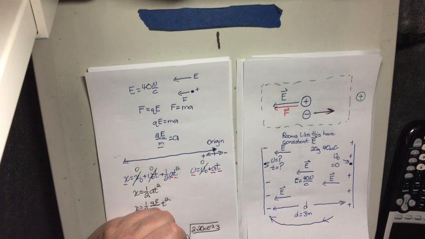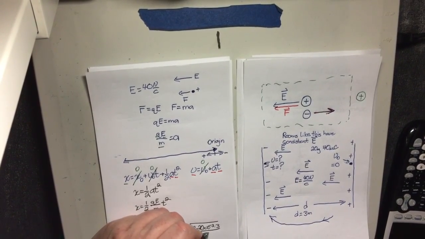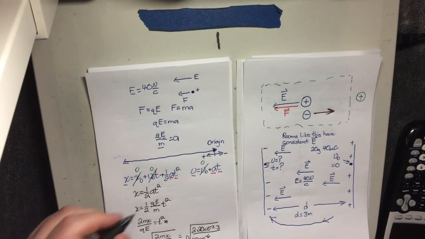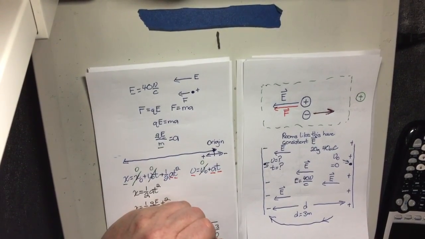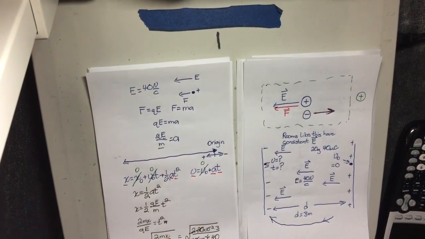Q, 40. E, 40. So that 40 cancels out with that 40.